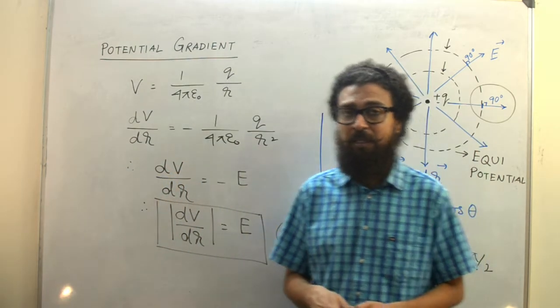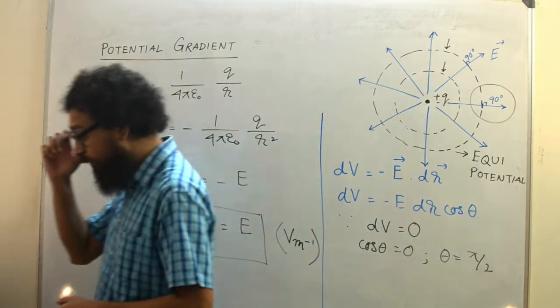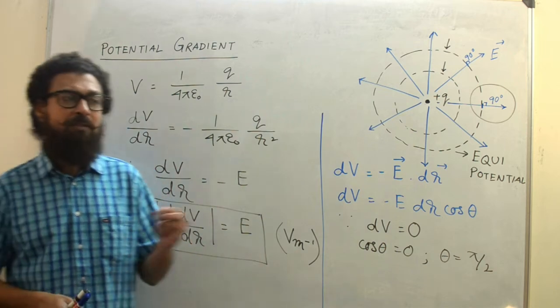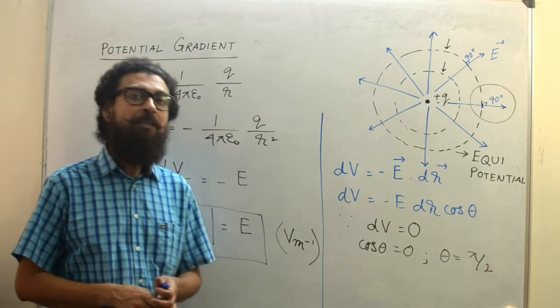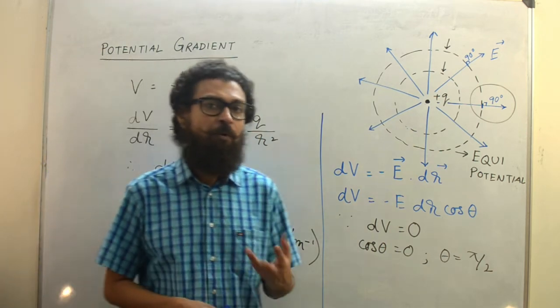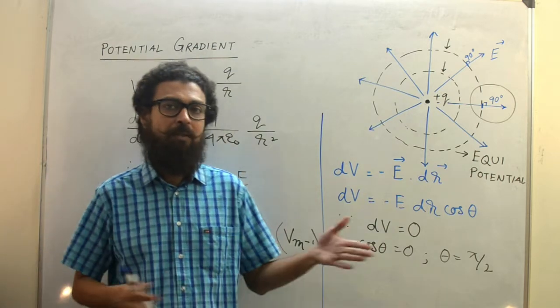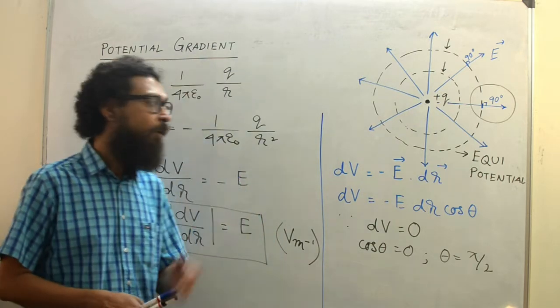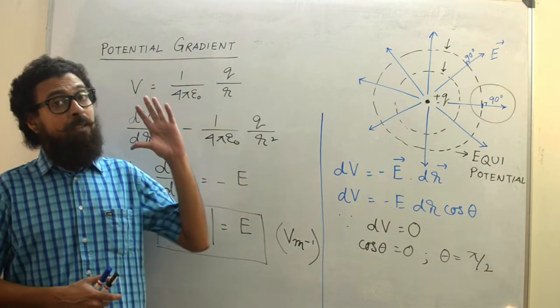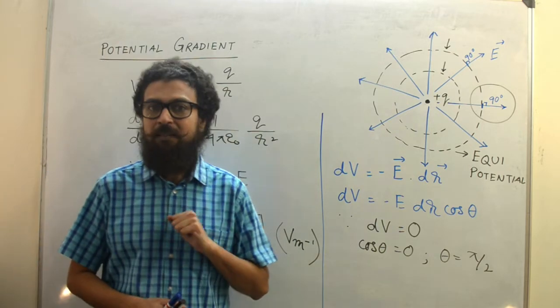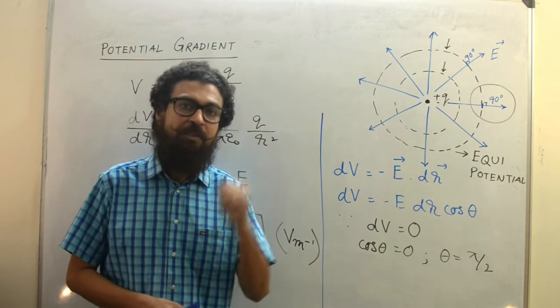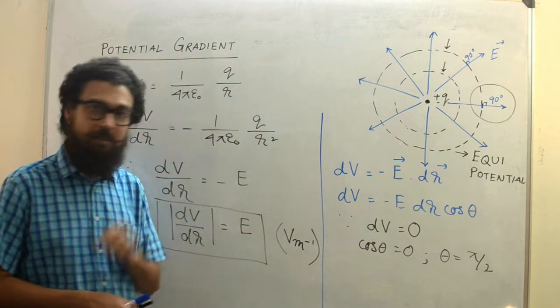Again here I must tell you that in your textbook you'll find 4 to 5 different properties. In some textbooks 4 points are written, in some they have broken those 4 points into 5. Whatever be the case, you have to know the characteristics of equipotential surface. One of them is this.